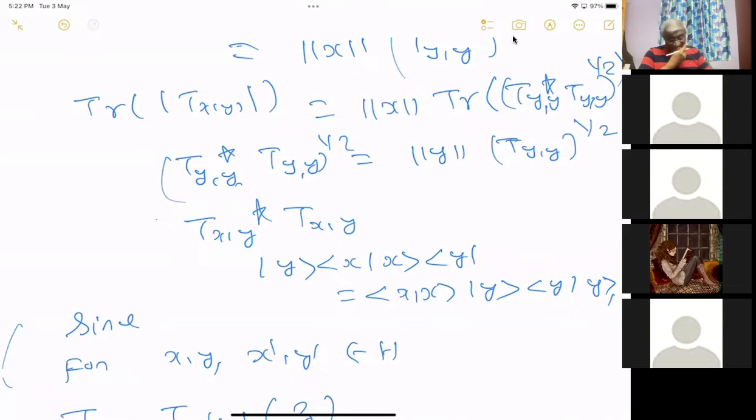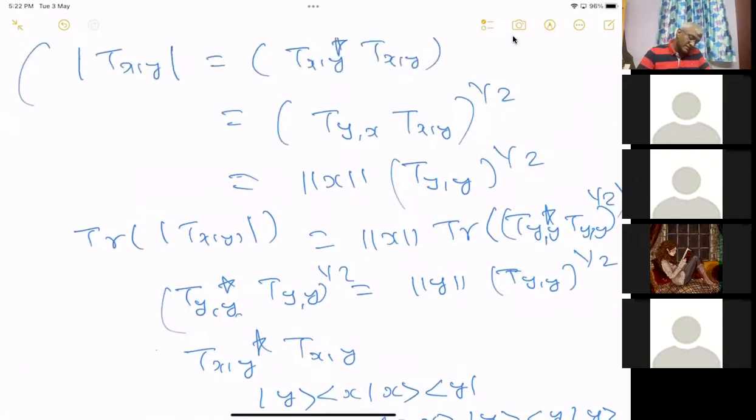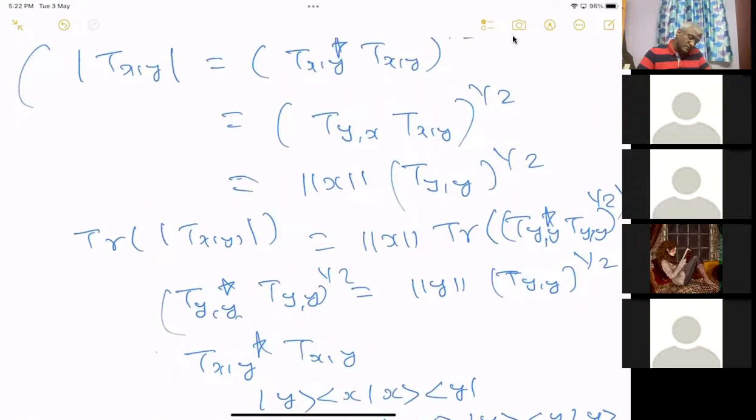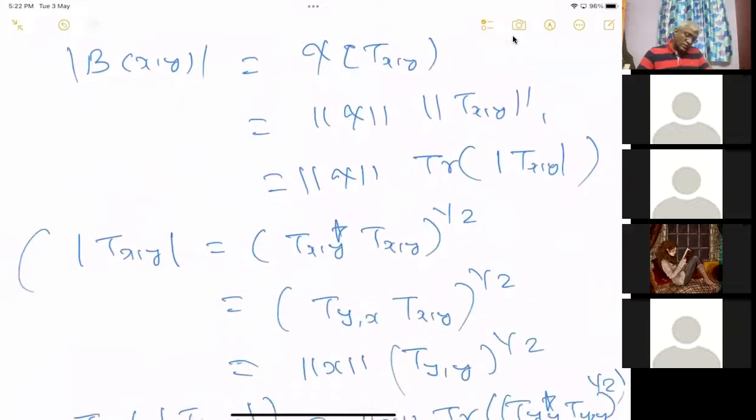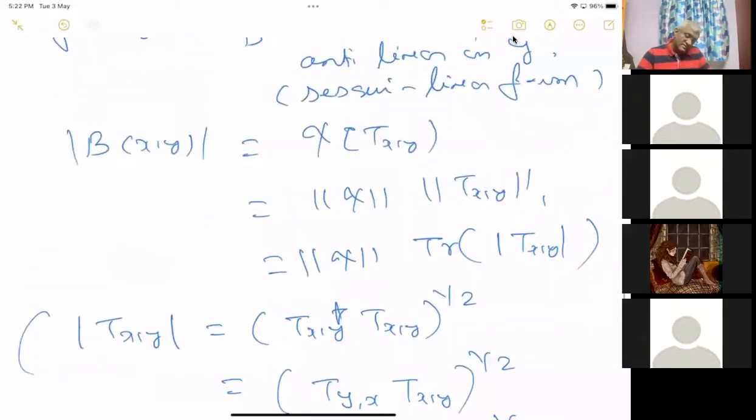But you have to take the square root. No? The square root is what is giving me the trouble. Oh no, there is no square root. I'm sorry. That's the problem.